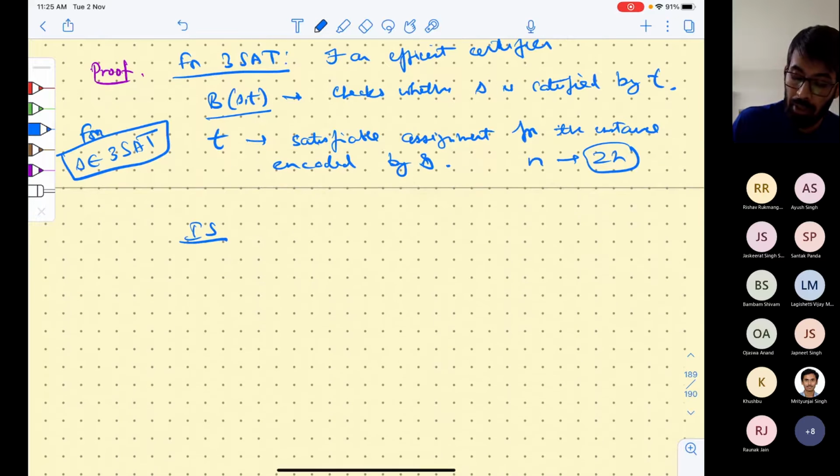Okay, so now for independent set, what is T going to be? And you can verify that these things actually satisfy the definition of NP.